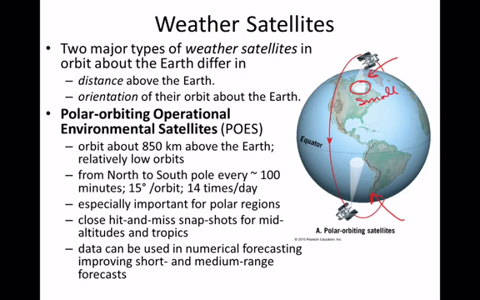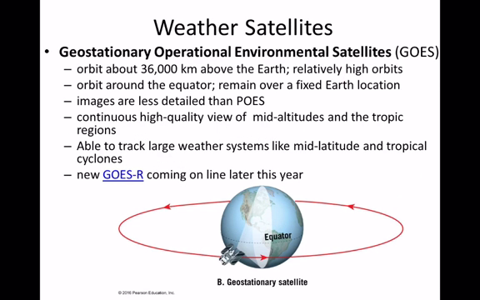The other type of satellite looks like this, and it's called a geostationary satellite. The word stationary in geostationary is important here. It basically hovers over one part of the Earth. The problem with geostationary satellites is they are limited to going around the equator.